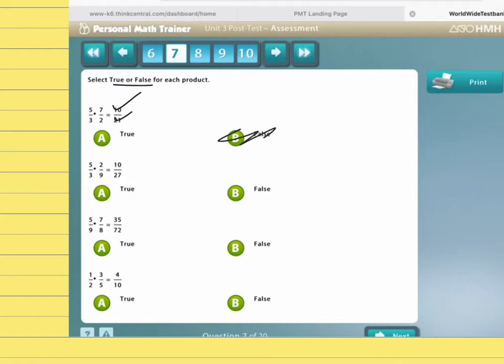Multiplying across, 5 times 2 is 10, 3 times 9 is 27, so that is true. 5 times 7 is 35, and 5 times 8 is 72. So that's also true. 1 times 3 is not 4, and 5 times 2 is 10, but since that's not true, that answer is not correct. So only for questions 2 and 3 are true. The first and fourth are false.